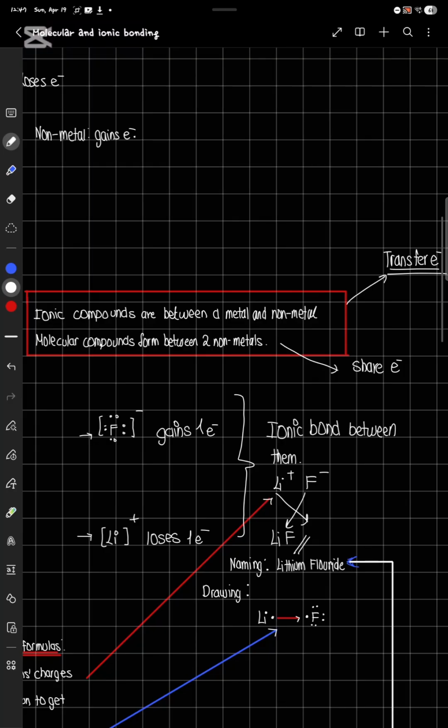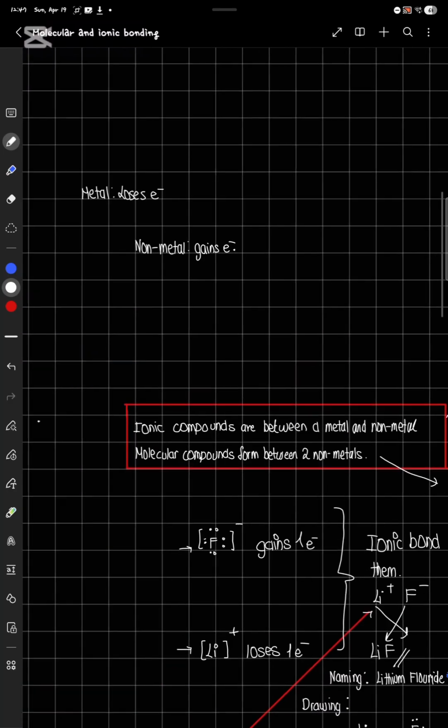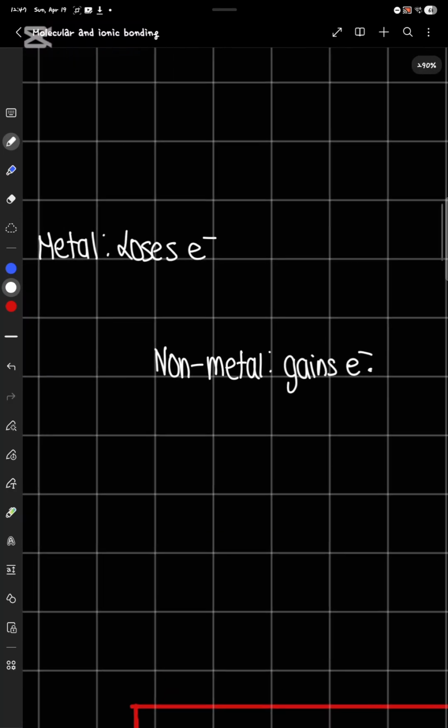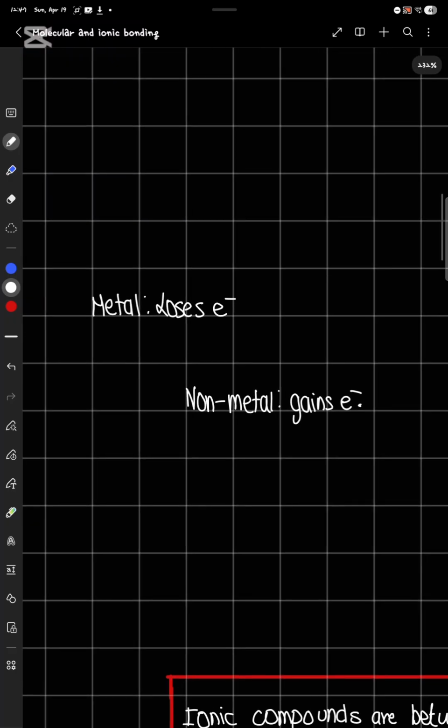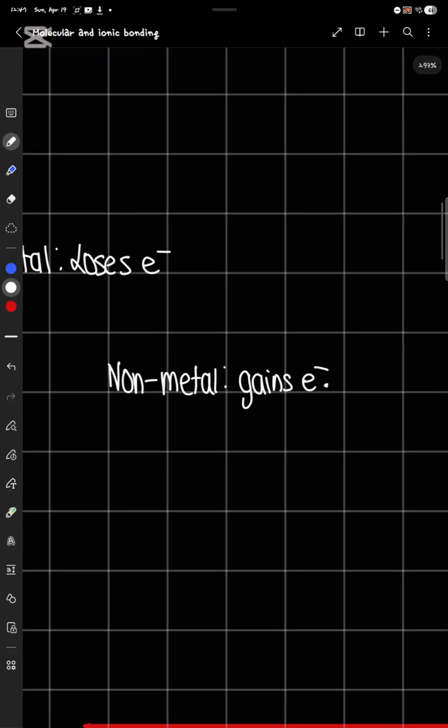Now we move into what are ionic compounds and what are molecular compounds and what do they do. Well, ionic compounds are between a metal and a non-metal, and they transfer electrons. What does it mean? Well, and why does it happen? A metal, as we said earlier, has the characteristic that it loses electrons, and non-metals have the characteristic that they gain electrons. It's like a donation center, right? There's a person who needs you to donate, and you have the money, so just donate so it benefits both sides, right?